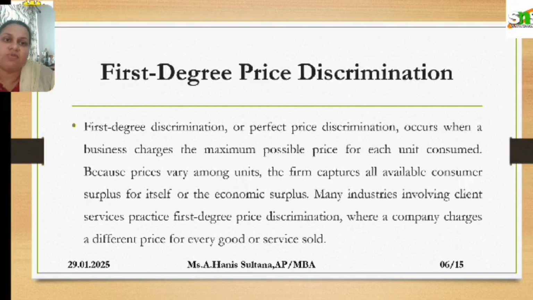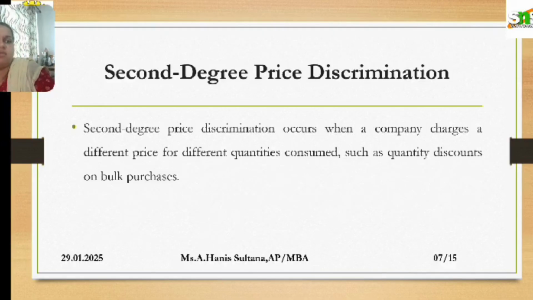Because prices vary among units, the firm captures all available consumer surplus for itself, or the economic surplus. Many industries involving client service practice first degree discrimination, where a company charges a different price for every good or service sold. So this is the perfect price discrimination.